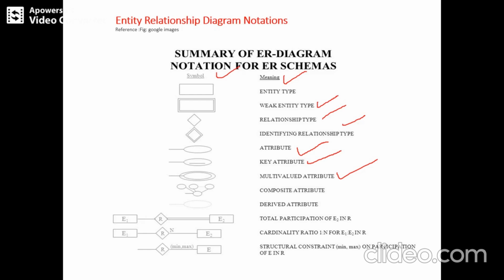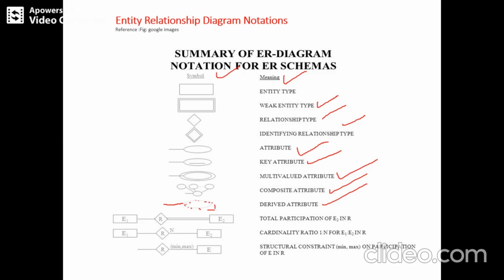For a composite attribute, a single attribute is subdivided into smaller sub-attributes, represented by separate ovals connected to the attribute. A derived attribute is represented by a dotted oval with a single line.